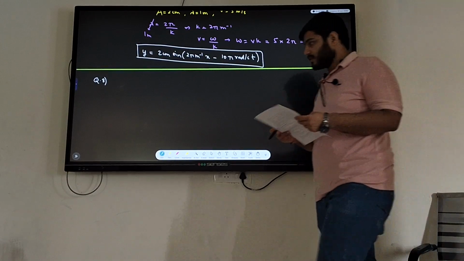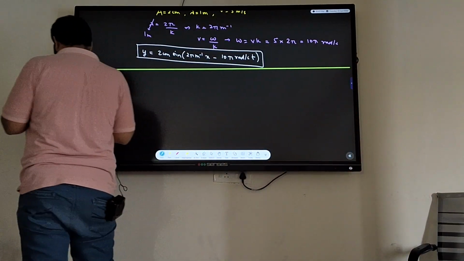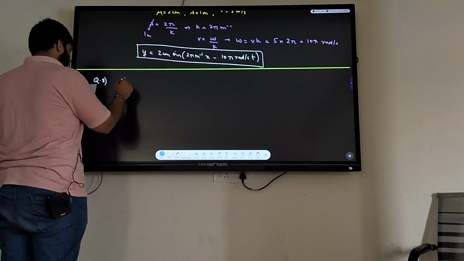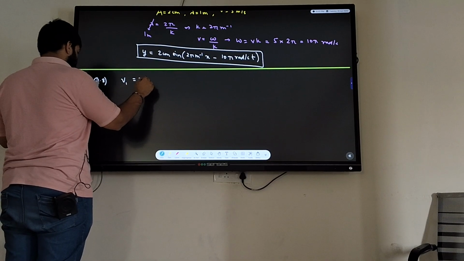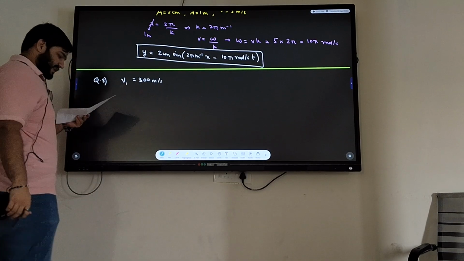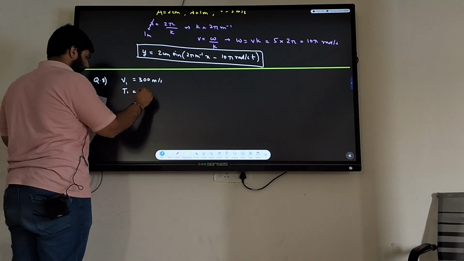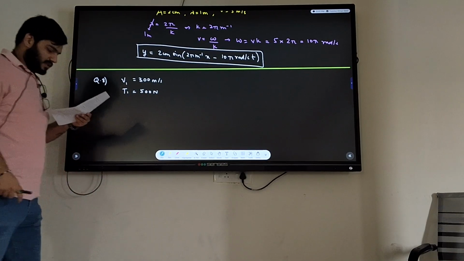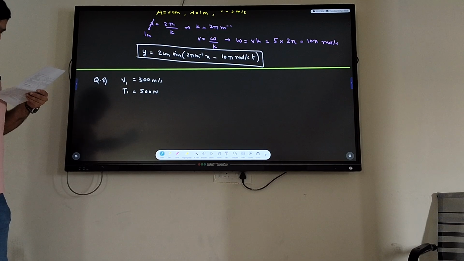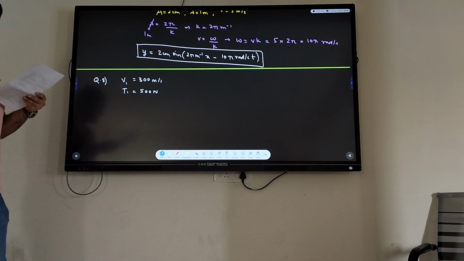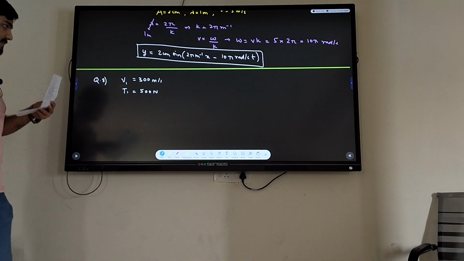ठीक है. Question number 8 में बोल रहा है the velocity of the wave v1 is given to be 300 meter per second. And what is the tension corresponding to that? That's 500 Newton. They are saying how much tension must be changed so that there will be an increase in speed to 312 meter per second.